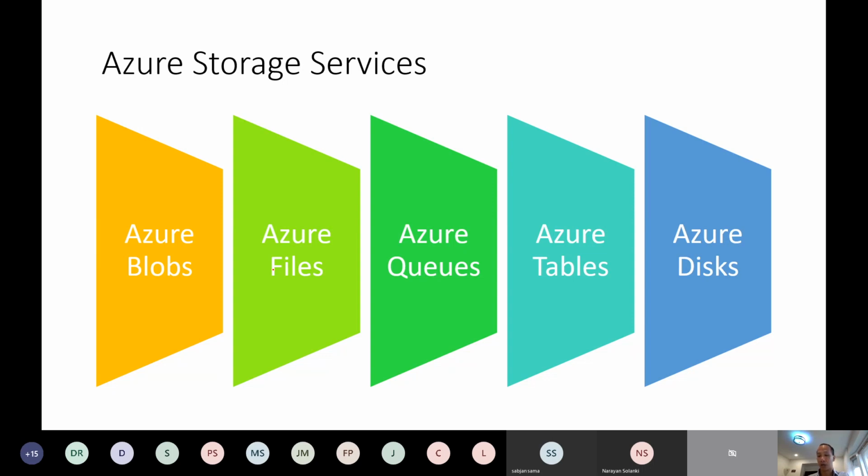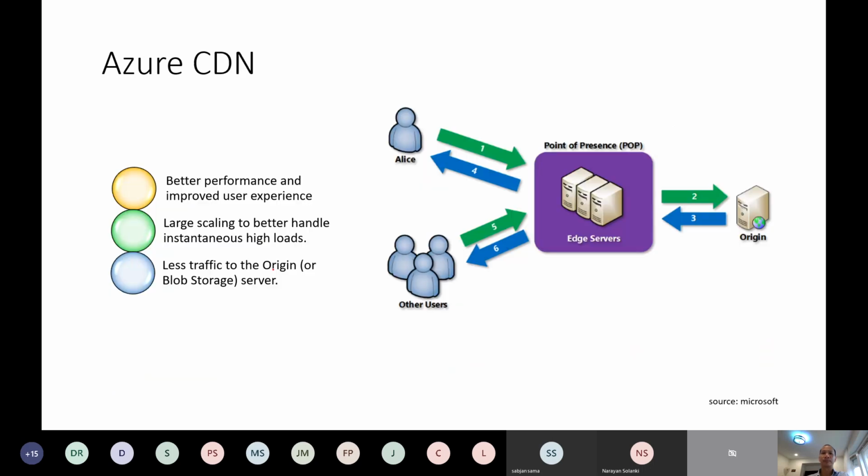Azure Queue is one of the keys, right? When we deal with enterprise architecture, we need to use all kinds of queues and caching things like that. Azure Table is a kind of database. Azure Disk is for the VM, the virtual machine. Let me know if you have any questions around that.